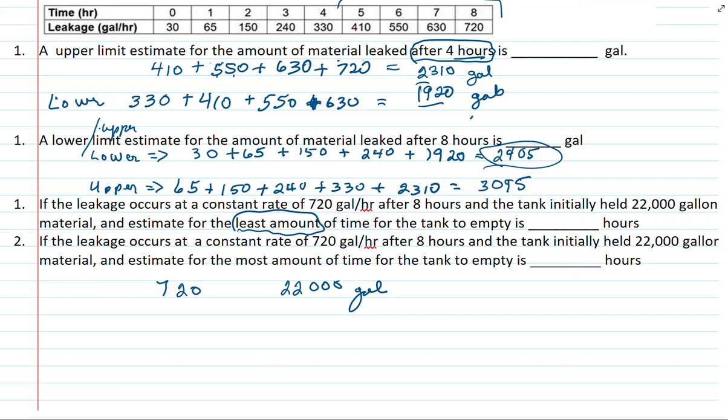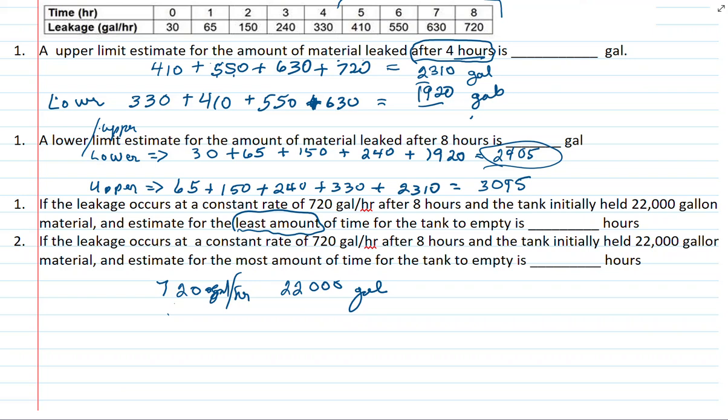So what would I have? Well, if this is the rate of change, because this is average gallons per hour, and we have 22 gallons, and we're leaking at this rate, how would I figure that out? No, we have to use our numbers, right?